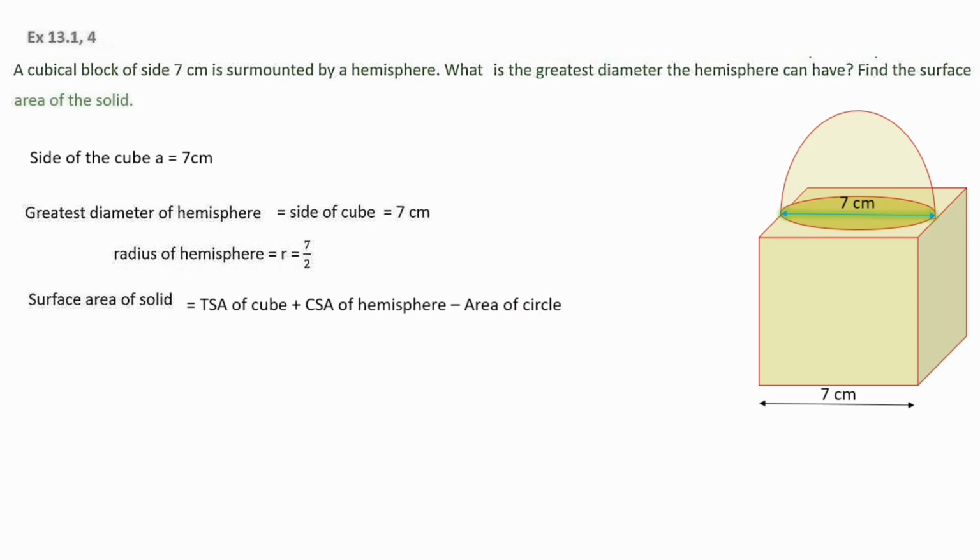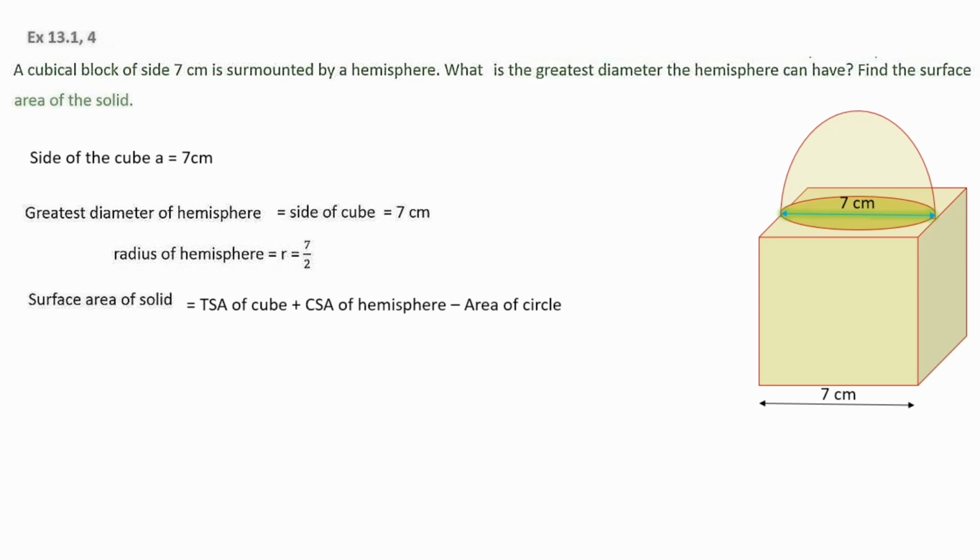You can see this hemisphere is kept on top of the cube, which means the base of the hemisphere, that is the circular portion, is just attached with the top of this cube, so that circular portion is not visible. A portion which is not visible, no need to include in the total surface area. That means that portion we have to eliminate, or subtract. That is what is given here, minus area of circle.